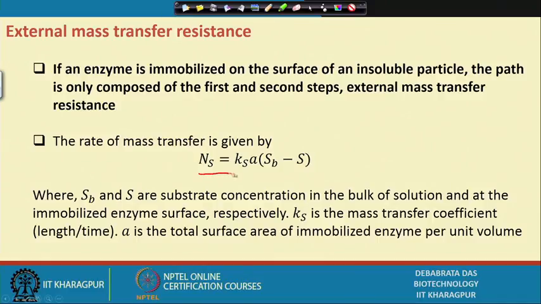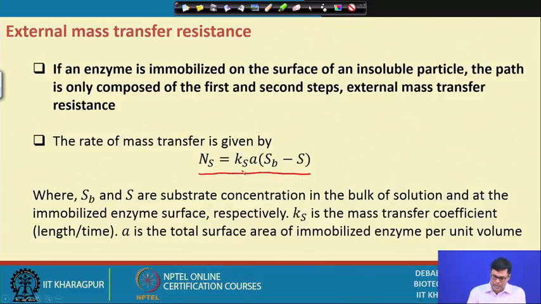Mass transfer can be expressed as Ns equal to Ks into A into Sb minus S. Here this is the enzyme and S is the substrate concentration. In the bulk we have substrate concentration Sb. So, what is the driving force we have? Sb minus S. This is the concentration gradient.